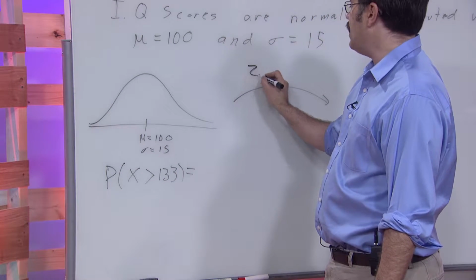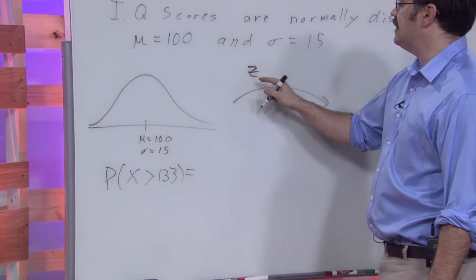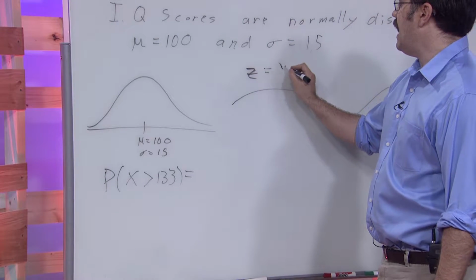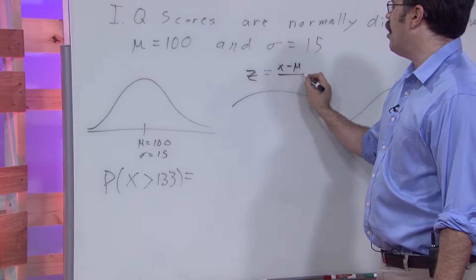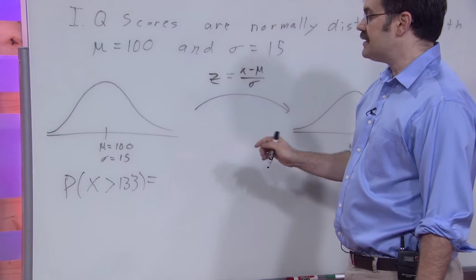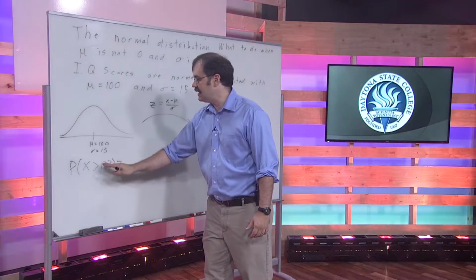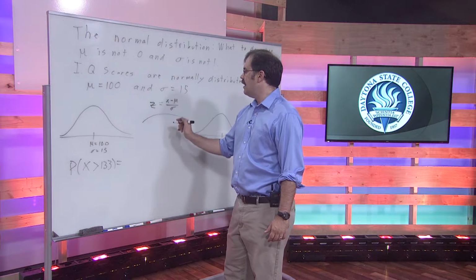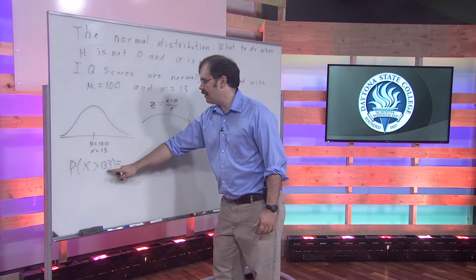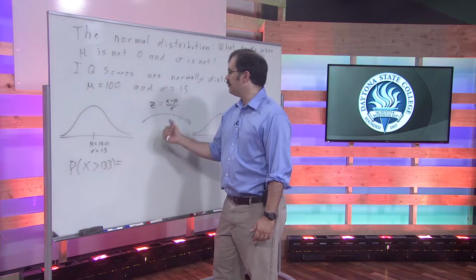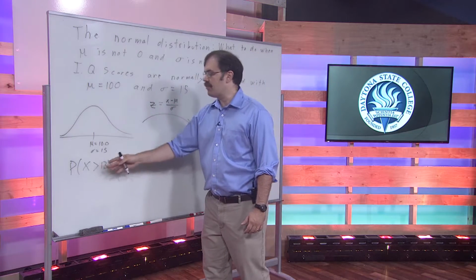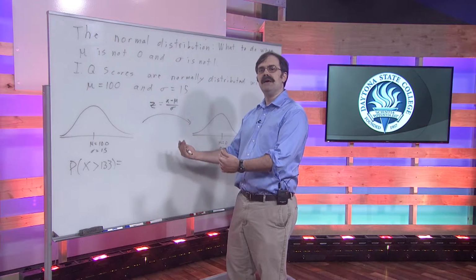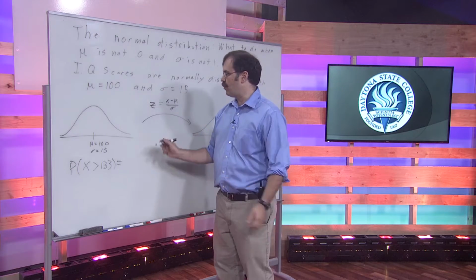Well, the formula for z-scores is that the z-score is x minus mu over sigma. So we're going to convert this into a question about z-scores by plugging in this 133 and figuring out the probability of getting a z-score that is bigger than whatever the z-score is for 133.